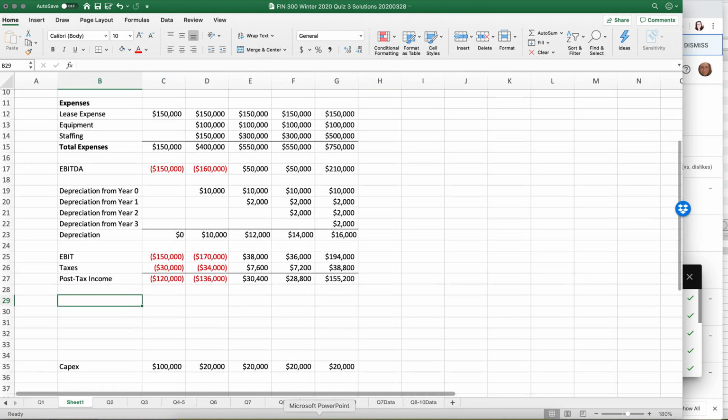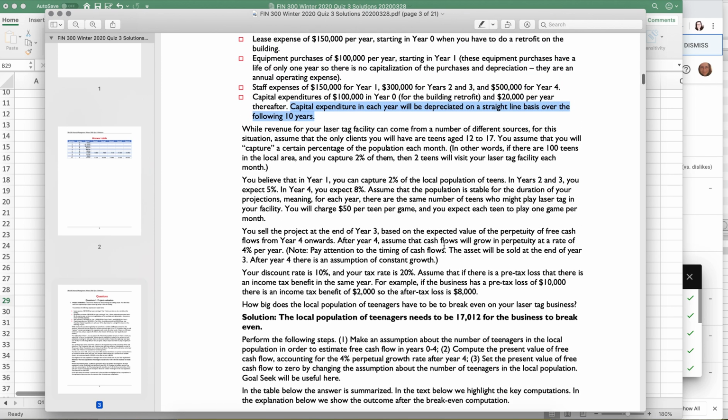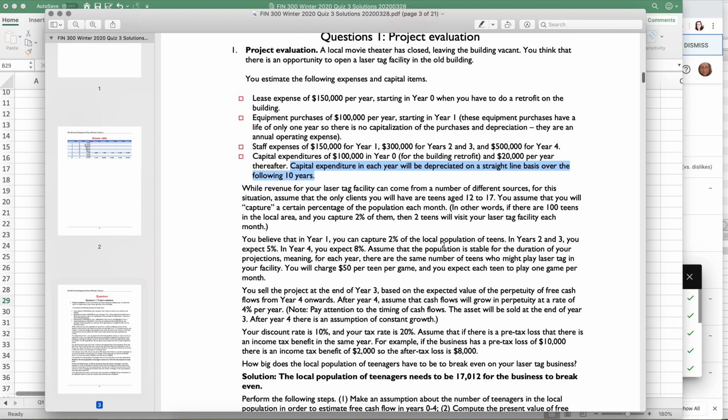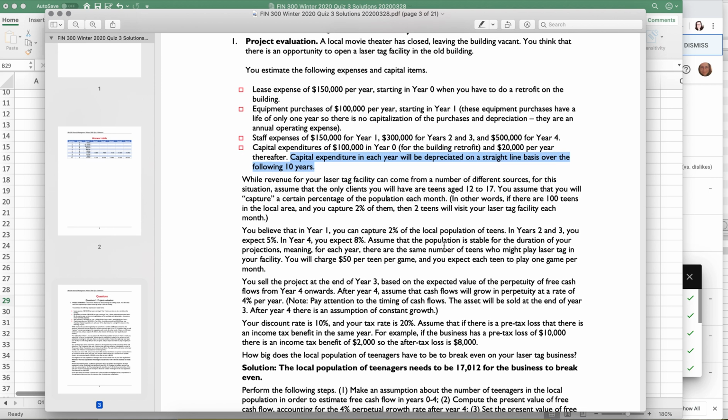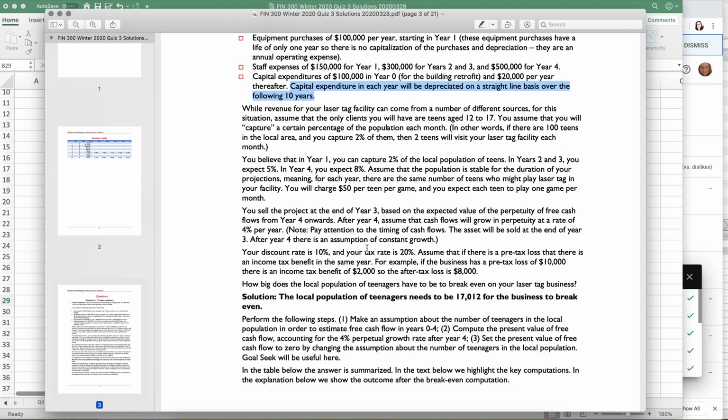All right, and then let's look at our sale price. So in this case, we have, let's see, where does it say that we're going to sell it? You're going to sell the project at the end of year 3 based on the expected value of the perpetuity of cash flow from year 4 onwards.